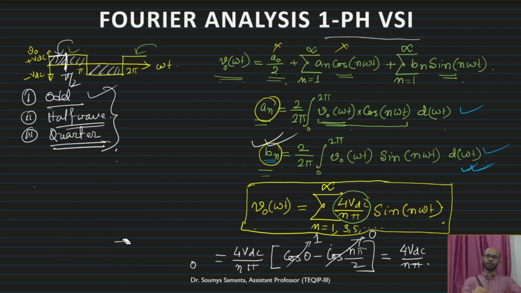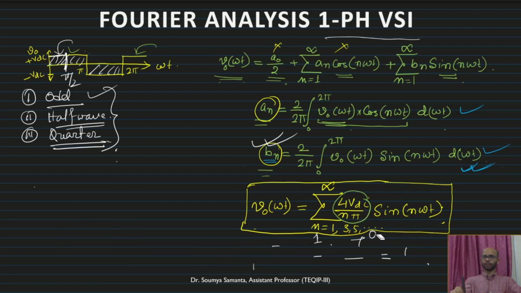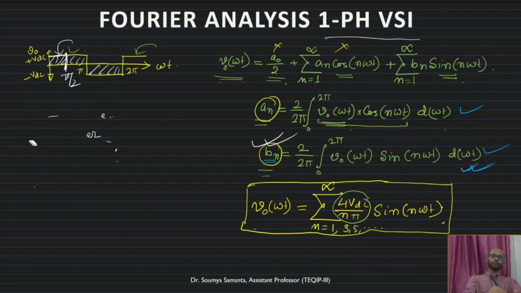Suppose the V naught expression I have given. So let me give you the I naught expression. What is the I naught expression? It is V naught by Z. I naught expression will be V naught omega t by Z.